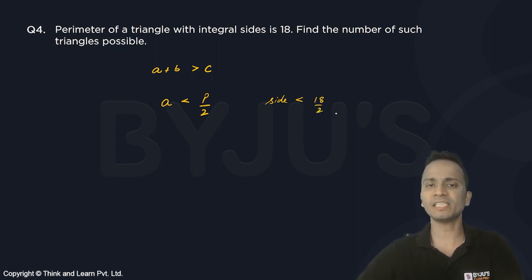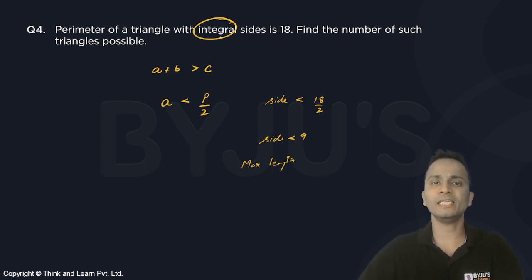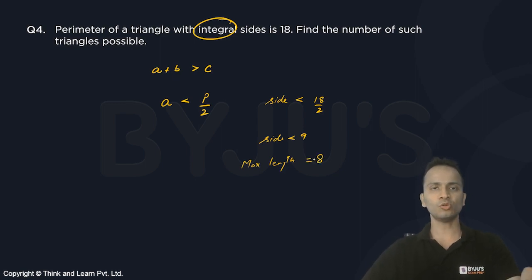That means every side will be less than 9. So the maximum possible length of any side, because all the sides are integers, will be equal to 8. So the length of any side of this triangle cannot exceed 8.